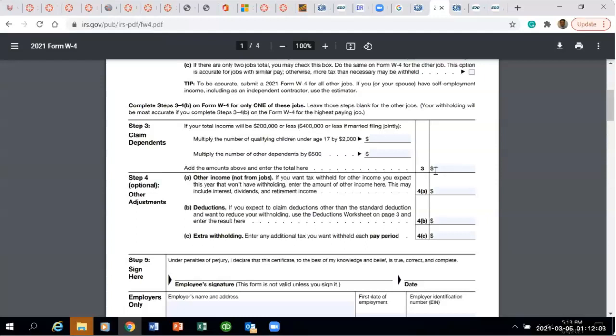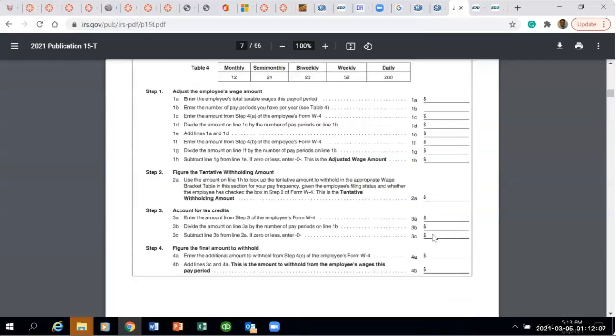Now, the $2,000 in the calculation there, you enter $2,000, but then you divide the amount, line 3A, by the number of pay periods. This is weekly.